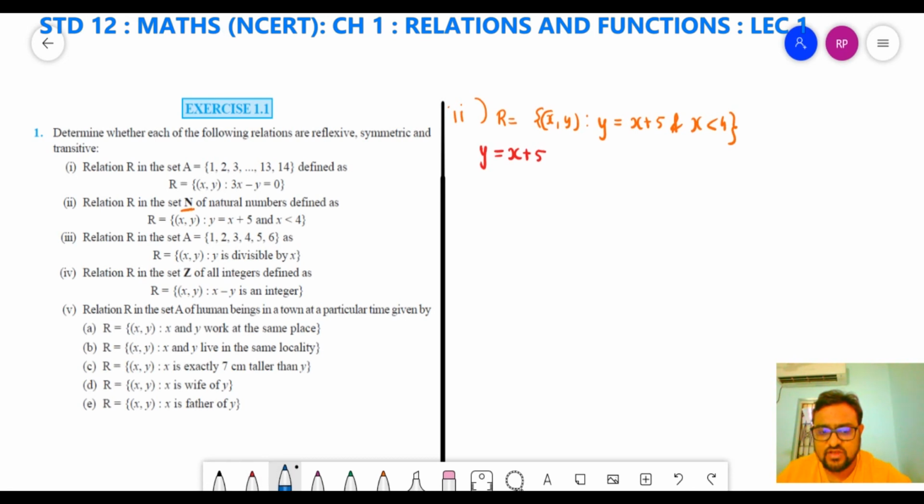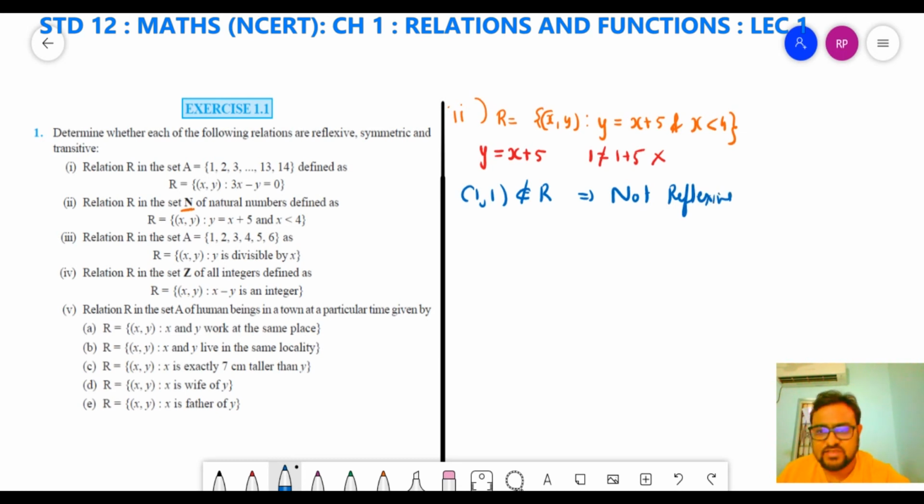So for (1, 1), can I write down 1 equal to 1 plus 5? No. So I cannot write it down. Therefore, (1, 1) does not belong to R, and that means it's not reflexive.